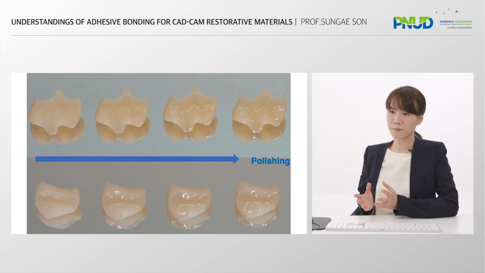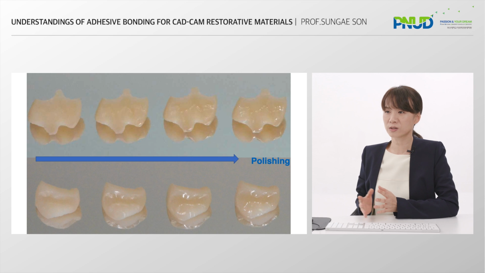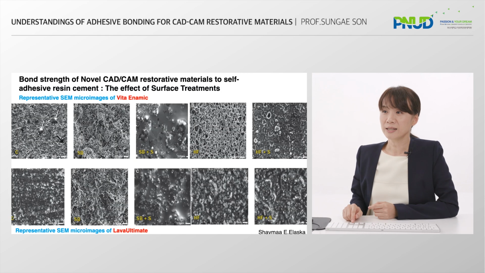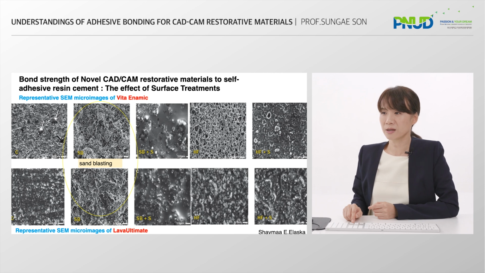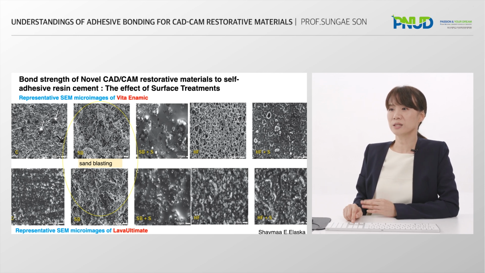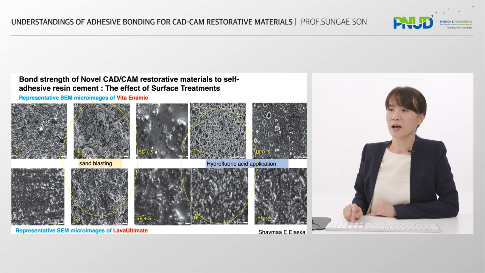The more polishing used, the more glossy it becomes. When sandblasting is applied to the hybrid block, fine surface roughness can form. In addition, there is a ceramic component included in the hybrid block, so when hydrofluoric acid is applied, the roughness of the surface can increase.